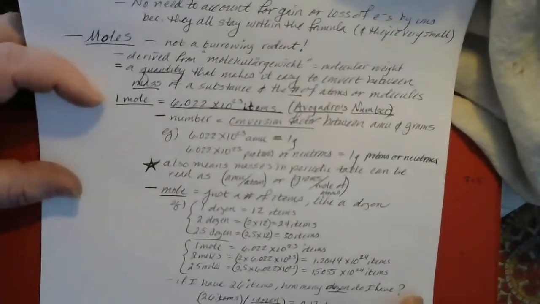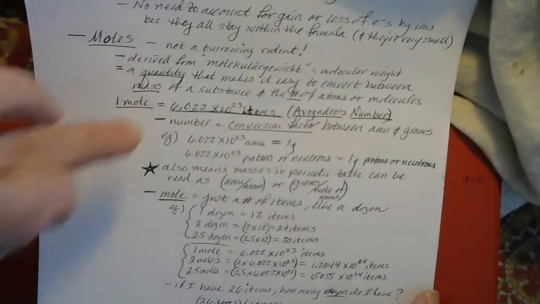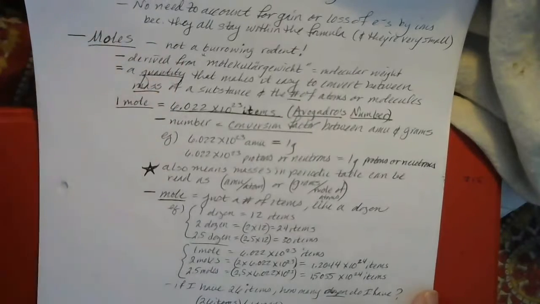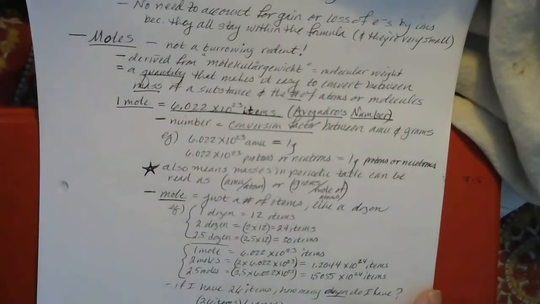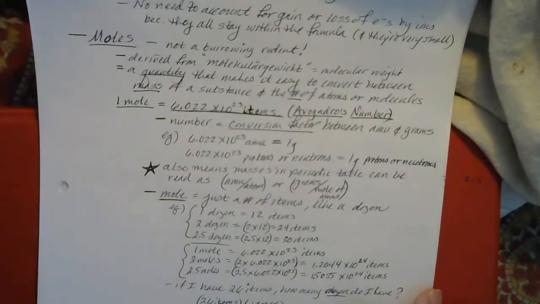But a mole has to have a lot of things in it in order to be an appreciable quantity that we can actually work with, because the mole unit is usually used as a quantity of things like atoms or molecules that are really, really small. So you have to have a large number of them for it to be convenient to deal with.